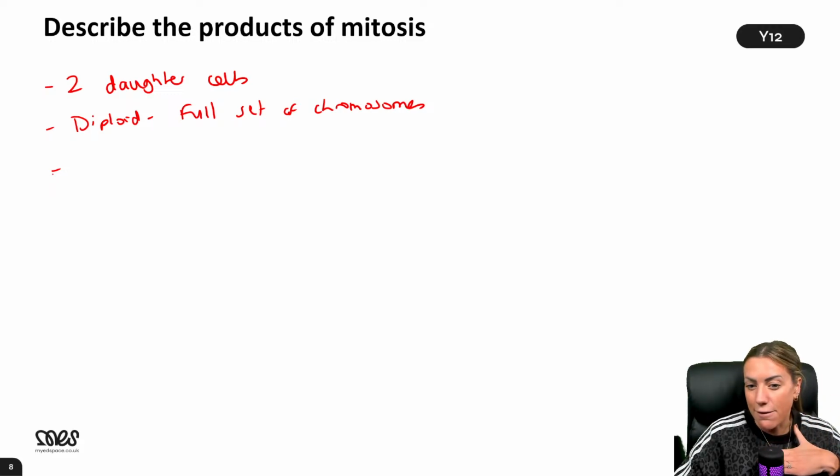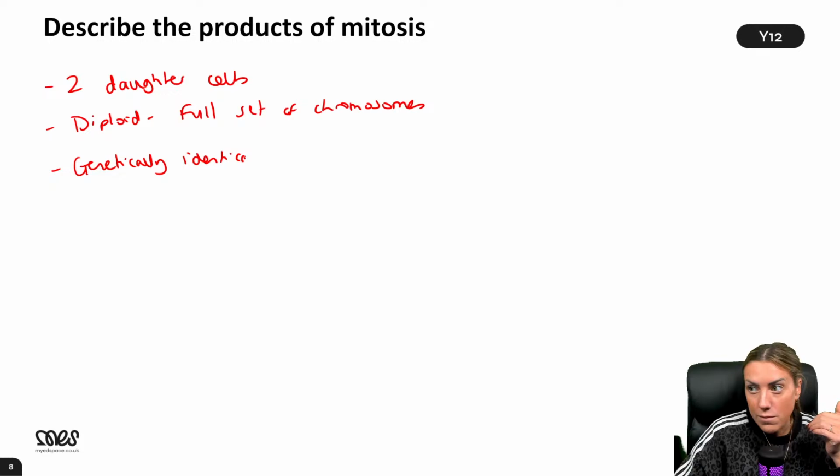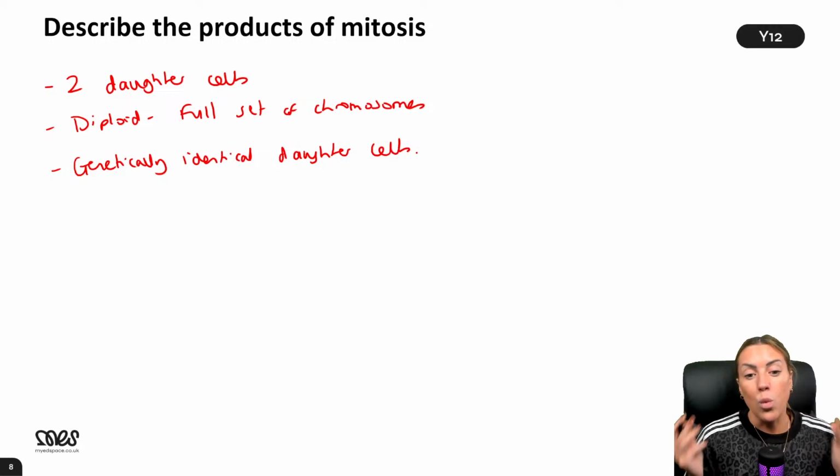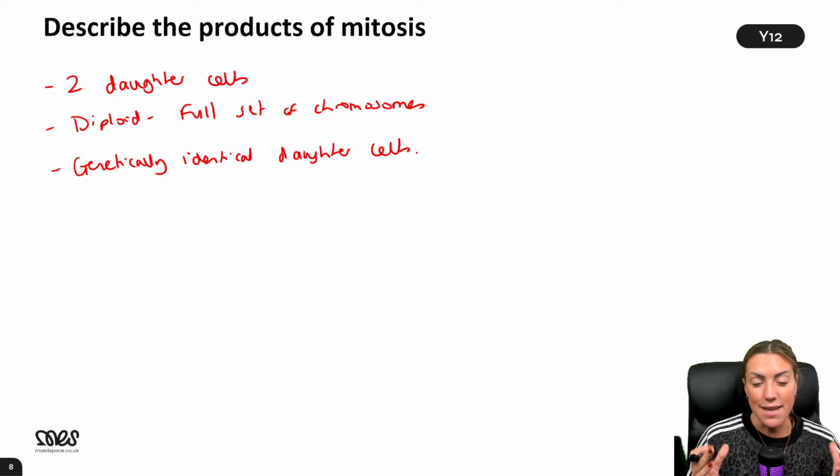Because meiosis is different. Good, so they are genetically identical. Because if you think about what we've actually done here, we replicated all of the DNA. So we had 2 identical copies. One set of that DNA went into one daughter cell and the other set went into the other daughter cell. So the daughter cells will be genetically identical and they'll each have a full set of chromosomes.